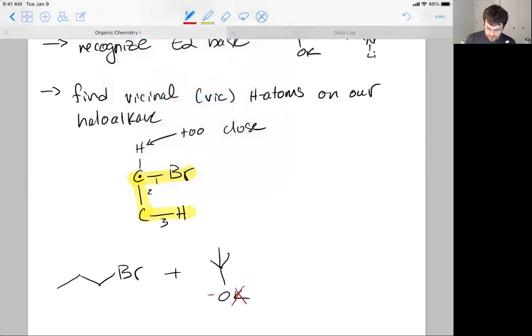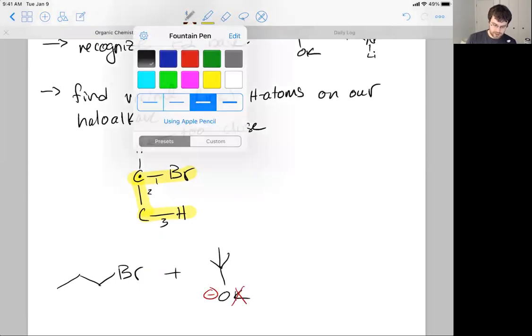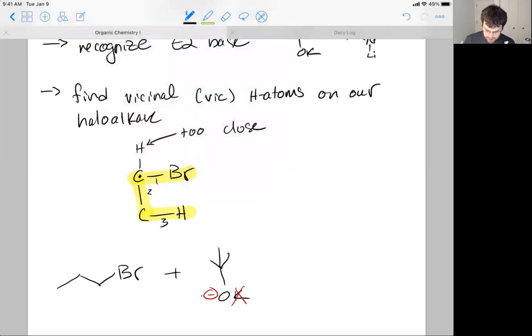We'll immediately cross out the potassium and put a negative charge on the oxygen atom. And then what we recognize is that we should find the adjacent hydrogen first, the vicinal hydrogen. It's adjacent also; vicinal is a little bit more technically correct. We're going to attack the vicinal hydrogen, push the carbon-hydrogen electrons down to make a carbon-carbon double bond, and then push off the bromine.